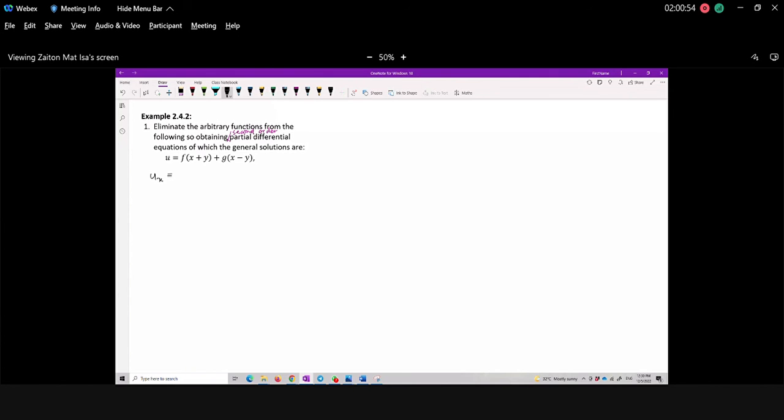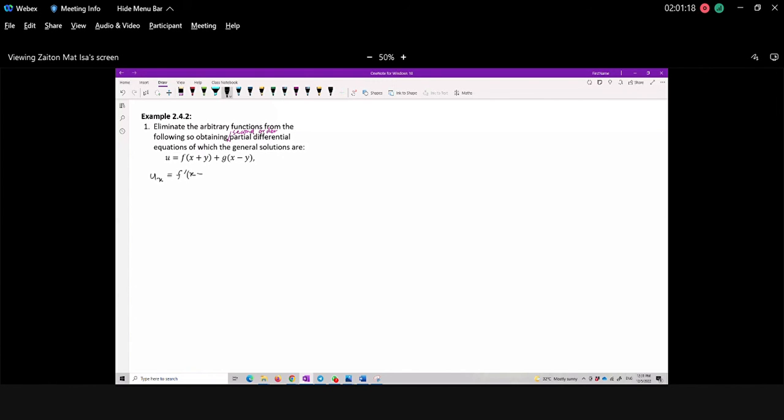Just recall the partial derivative of the arbitrary function f in bracket x plus y. So ux involves the chain rule a bit. So in short, it is basically f prime. We differentiate the whole f, so it will be f prime, right?